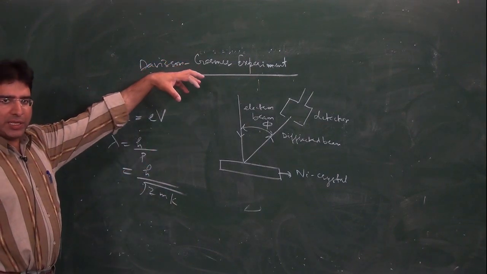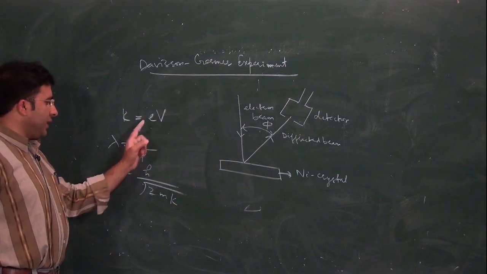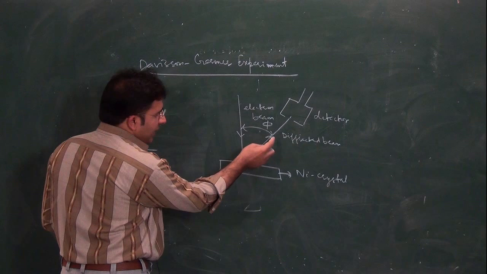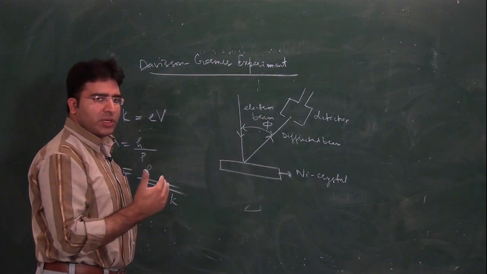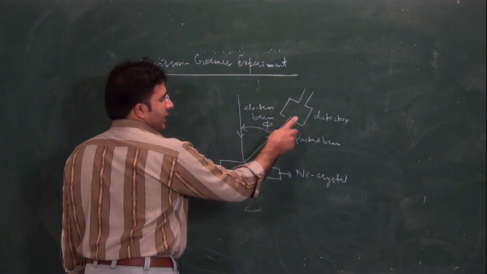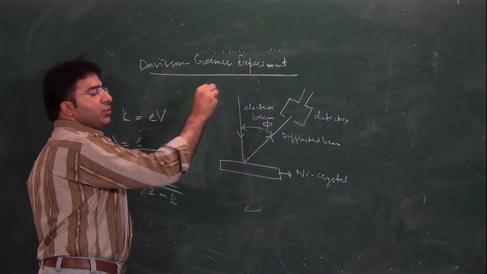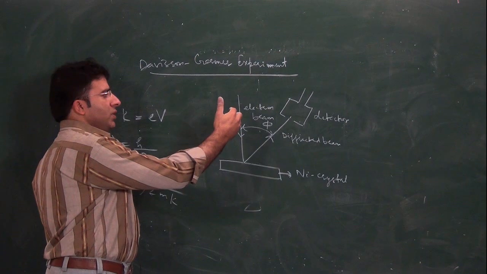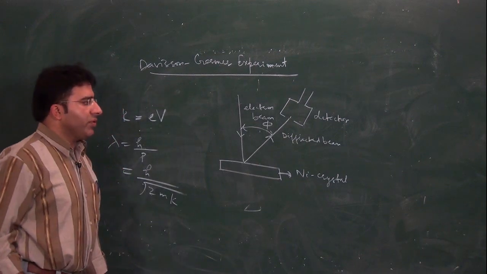So electrons were accelerated through different values of voltages, and they were detected by the detector at different angles phi. For example, a 30-degree electron beam was observed, a 40-degree beam, a 60-degree beam, and in the detector these diffracted electrons produced current. That means they were noticed in terms of the current which flowed in the detector because of the diffracted electrons received by it.